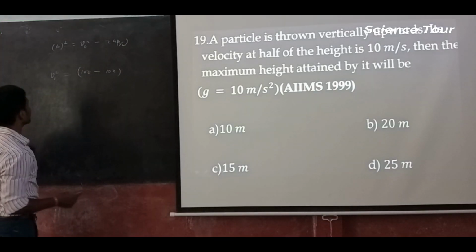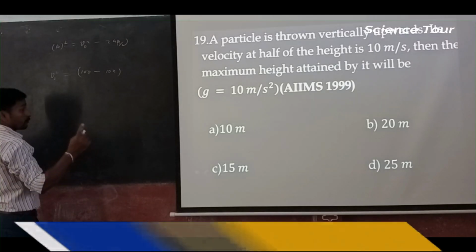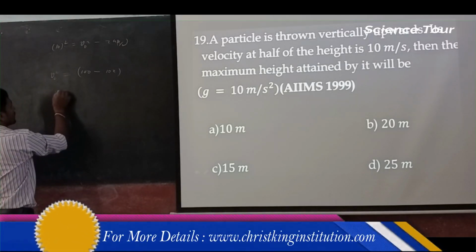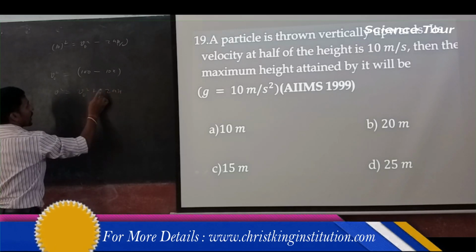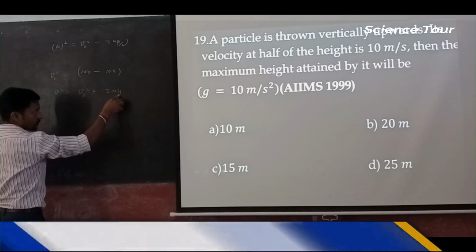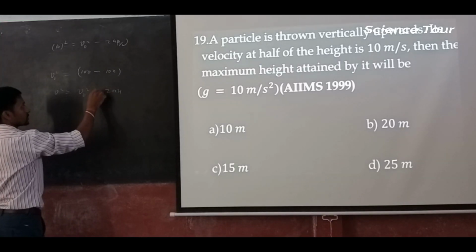Now for the full height, v square is equal to v naught square plus 2ax, and upward is positive, g is negative, so it becomes negative.